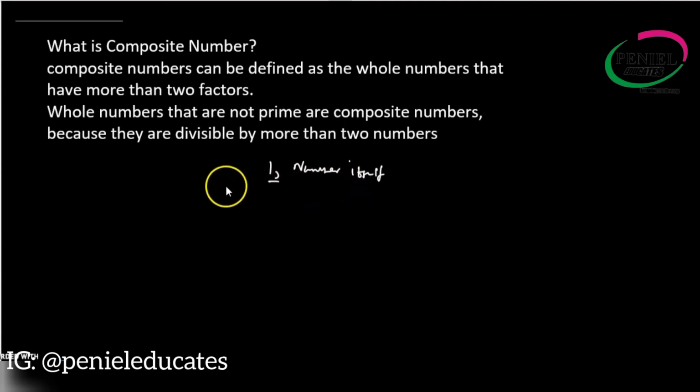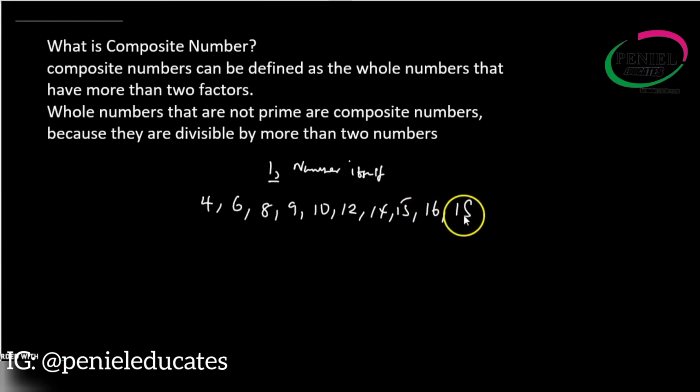For example, let's find the composite numbers less than 20. We have 4, which is a composite number, 6, 8, 9, 10, 12, 14, 15, 16, then 18.